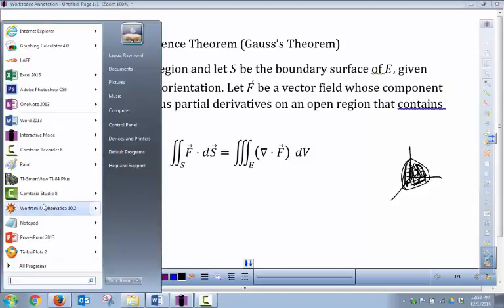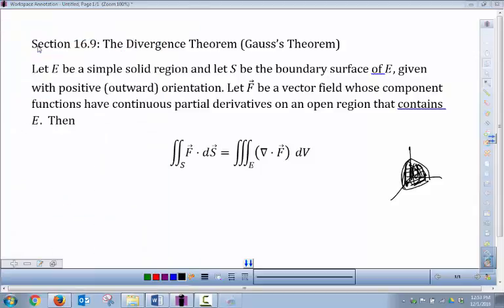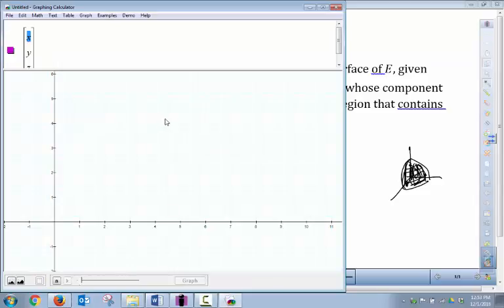So, for example, if I were to, on a graphing calculator, just draw that surface, and I'm going to draw it using spherical parameterization. How does it go?